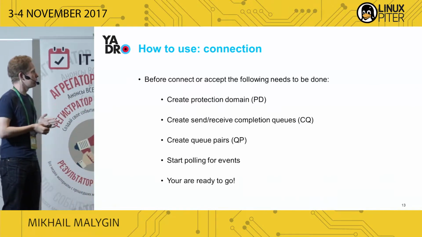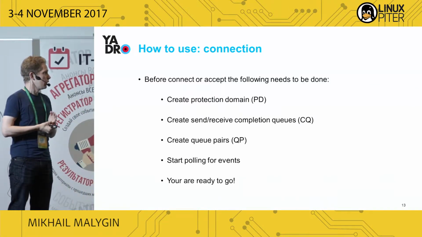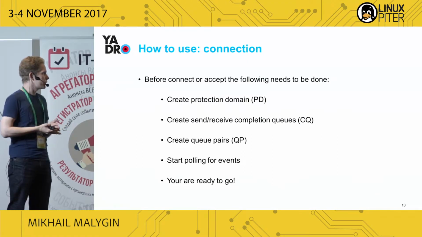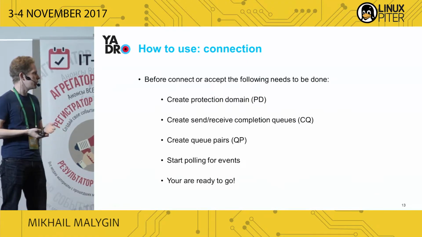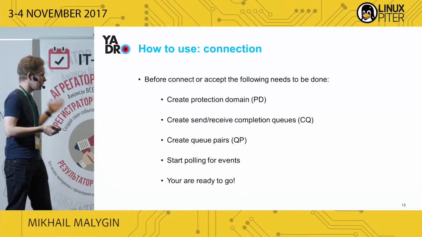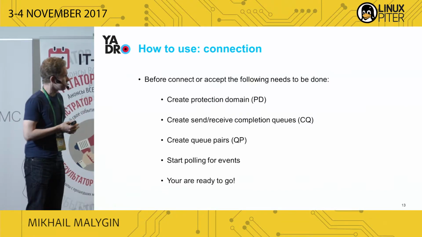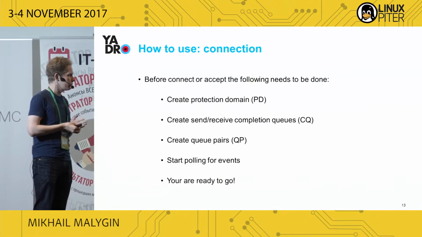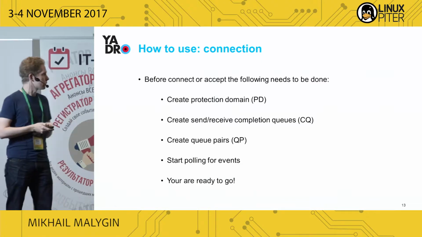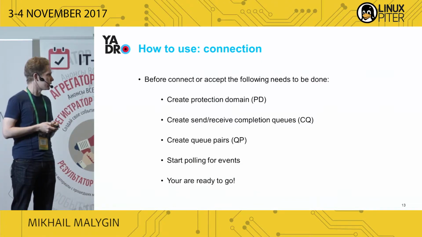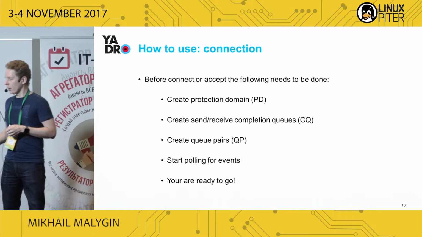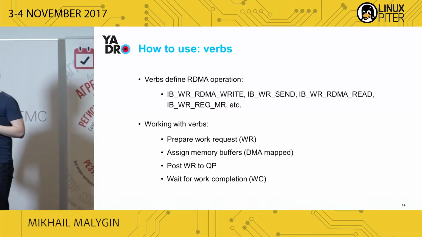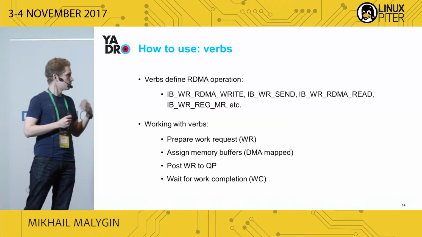We create a protection domain, and we create queue pairs. We start polling for events, and we are ready to go. So we have a lot of abbreviations. They look peculiar, but you can get used to them.